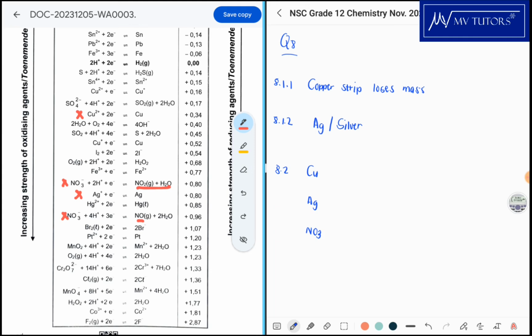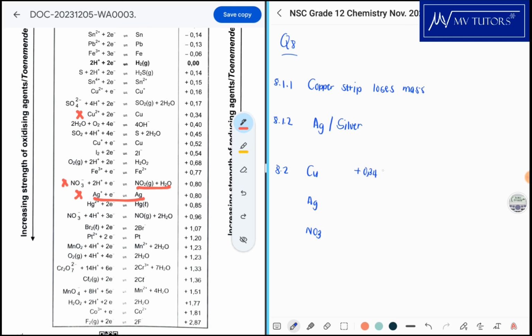Hence, it actually supports, what is the question again? The formula for the oxidizing agent, I would go with silver instead of the nitrate. So let's not consider this nitrate over here. What I see with the copper is that the EMF there is positive 0.34.